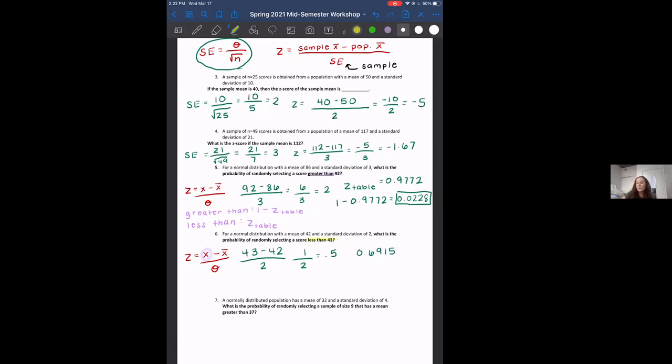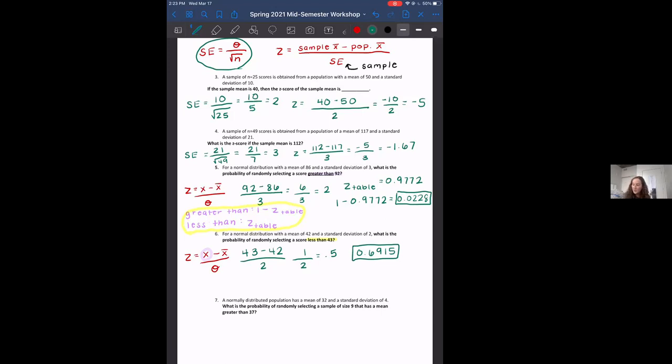If we go back to what I wrote up here, it says less than is equal to the z-table value. So what should our answer be then? The same. Yes, good. So this is our answer. Perfect. Does anyone have any questions on that before we move on? All right, perfect. Let's move on.